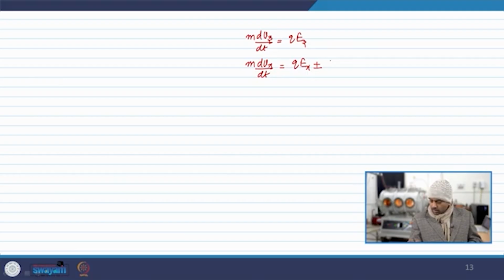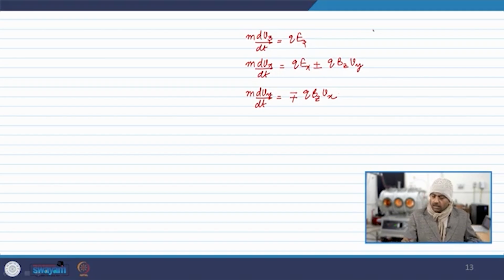So, it will be m dvz by dt is q Ez, m dvx by dt is q Ex plus minus q Bz vy, and m dvy by dt is minus plus q Bz vx, right. Let us say we call this Roman 1.